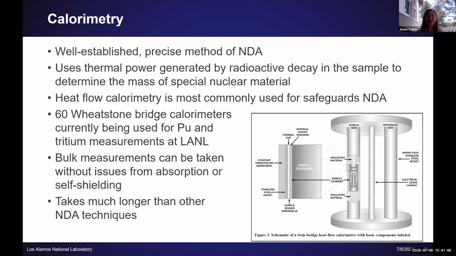So you have to let an item reach thermal equilibrium. It can be basically prohibitive to whatever inspection process you have to wait long enough or do a long enough measurement to complete calorimetry. And additionally, there are items that can't actually fit in a calorimeter. So that is another challenge.